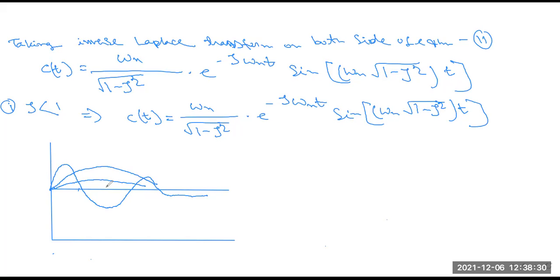Now I change the color. The first is when zeta is less than 1, then when zeta is equal to 1, and number 3 when zeta is greater than 1.